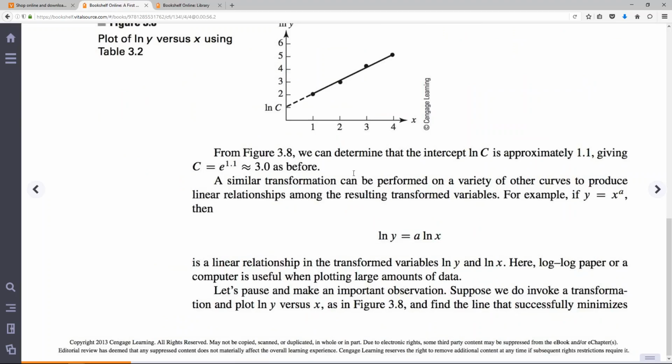So here this transformation is really trying to make it linear. If you use ln y as y prime and ln x as x prime, it is really y prime equals a x prime. So it's a linear function in this case.